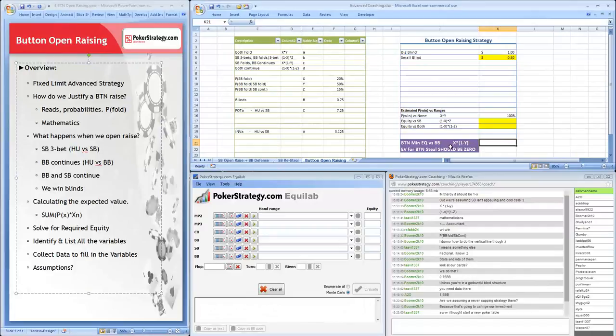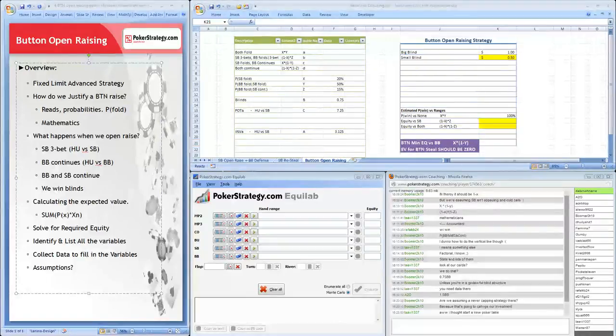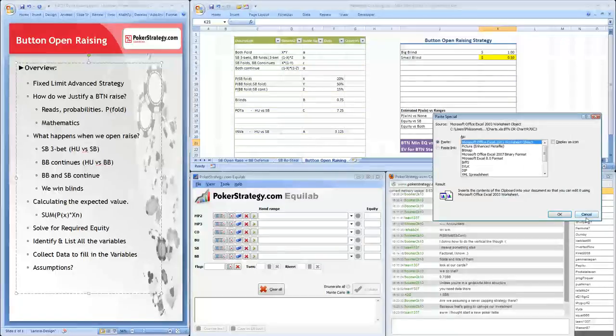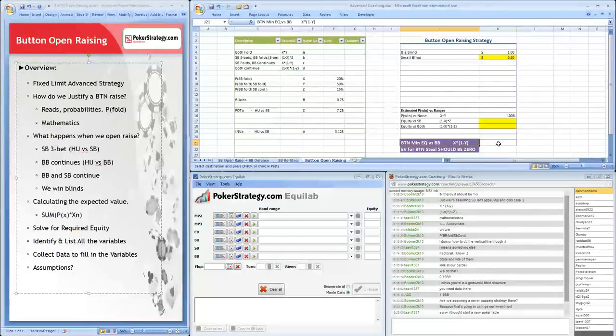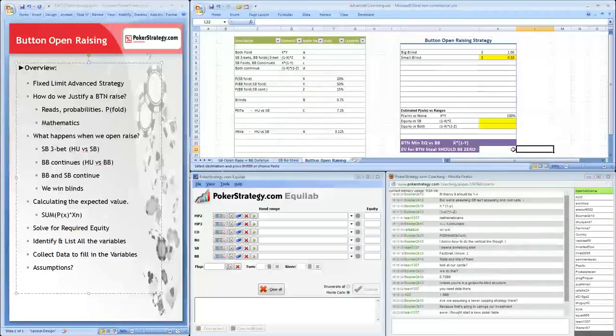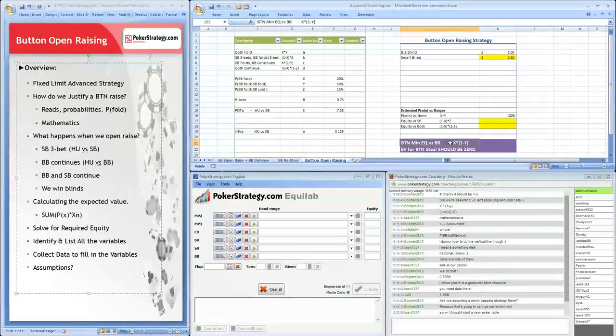So this variable, this is going to be our output. Let me just paste some formats here to make it look nice. Okay, so what we want as an output is we want to know what is the minimum equity that we can have against the big blind, right?